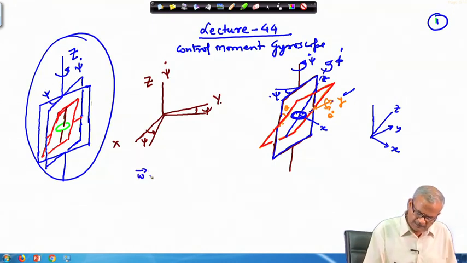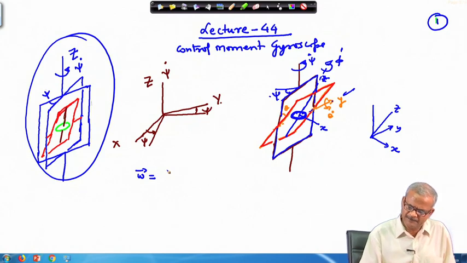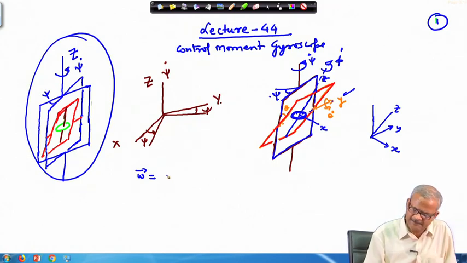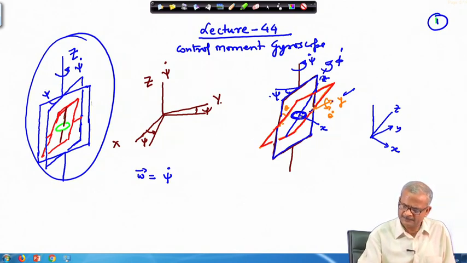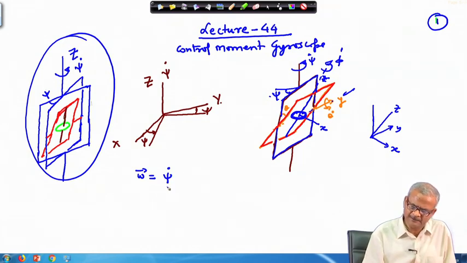Now the angular velocity omega of this gyroscope. We have already discussed how to formulate this in detail, but because we are not taking the torque-free case but are going to work with torque, I will take it up again.